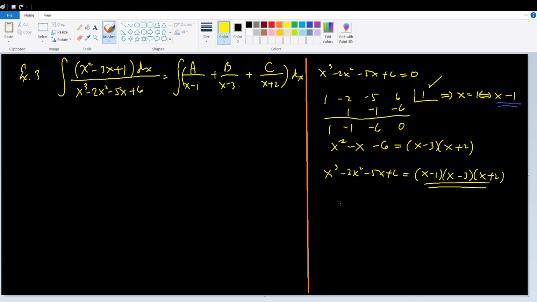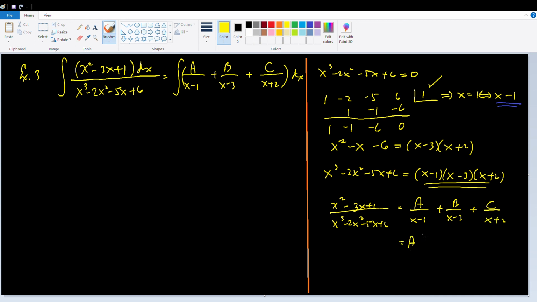So that will be x squared minus 3x plus 1 over x cubed minus 2x squared minus 5x plus 6 is equal to a over x minus 1 plus b over x minus 3 plus c all over x plus 2.